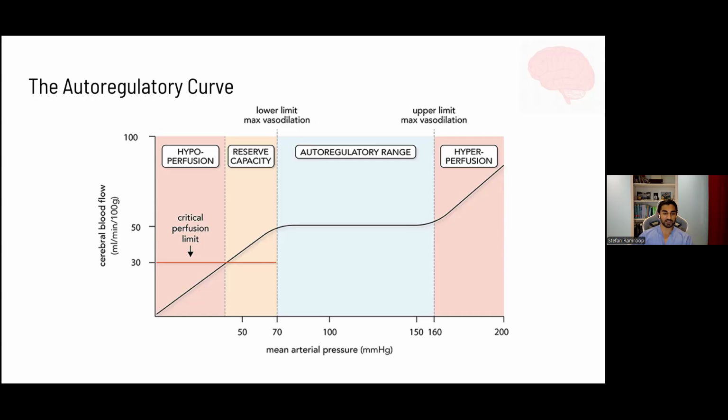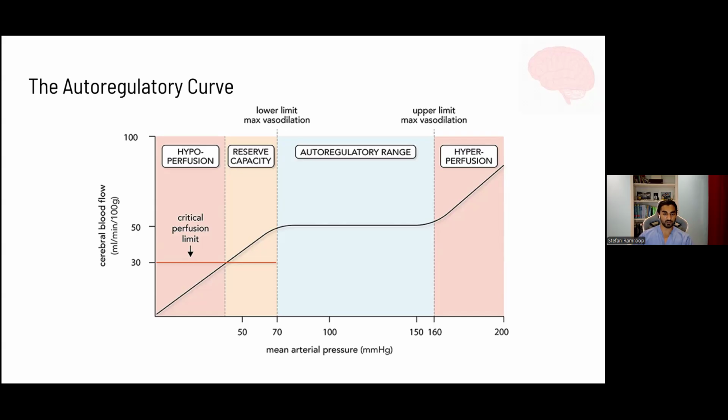Another key thing to note is that this curve could look different depending on the patients you're dealing with. If you have chronic hypertensive patients, the entire curve shifts to the right, meaning their brains are used to higher perfusion pressures, and what might be a normal CPP for someone could actually be ischemic for somebody else.